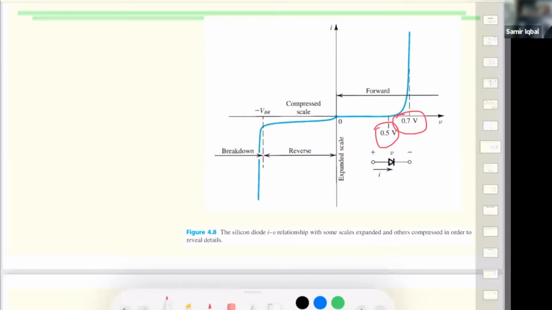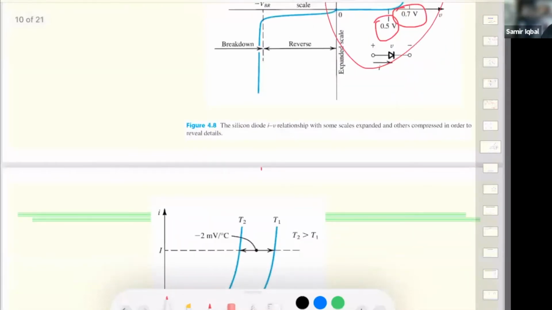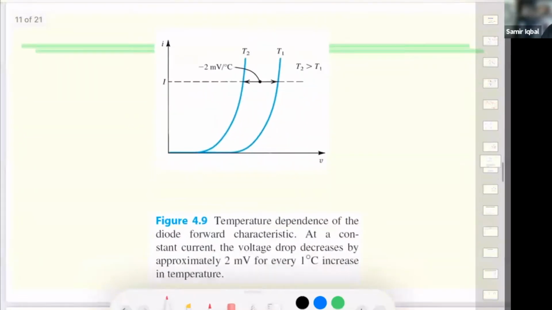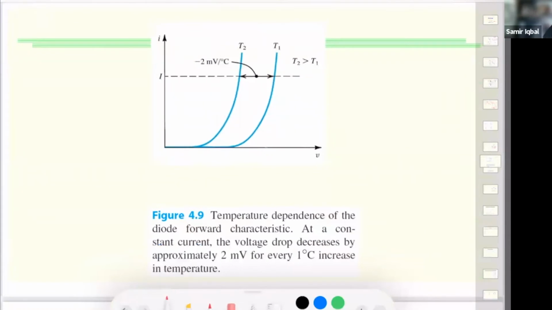So how do we see the dependence of this current on the voltage? Let's just look at the forward bias. When we have a relationship for a current, let's call it I1, in response to one voltage, I call it V1.